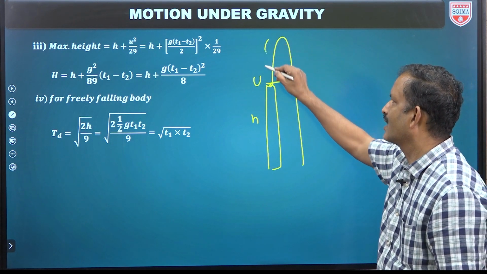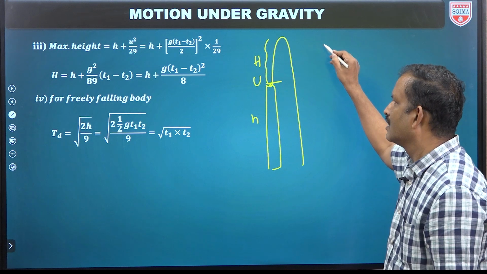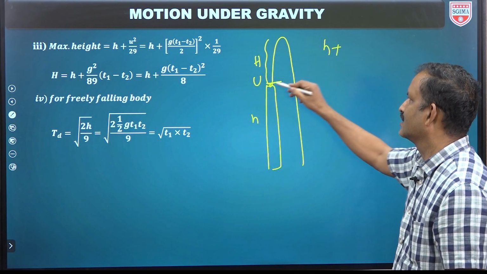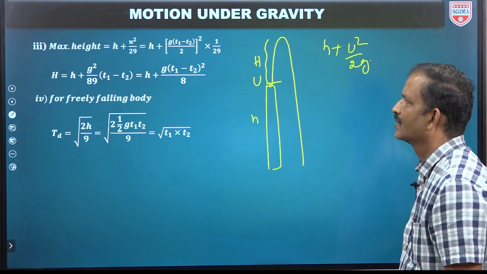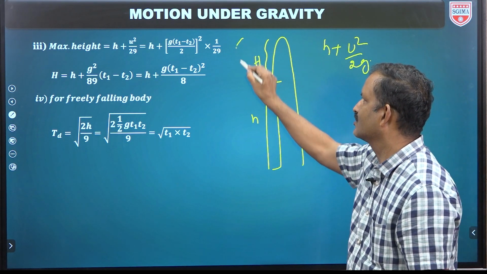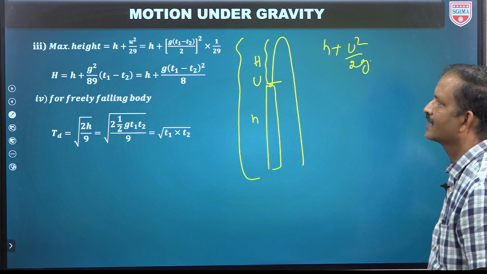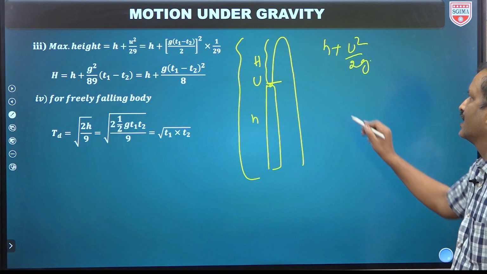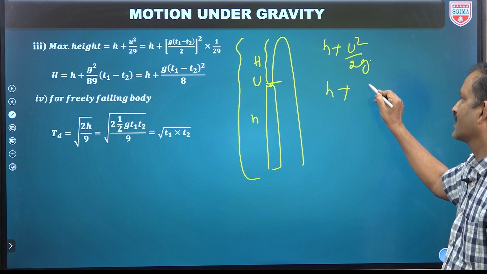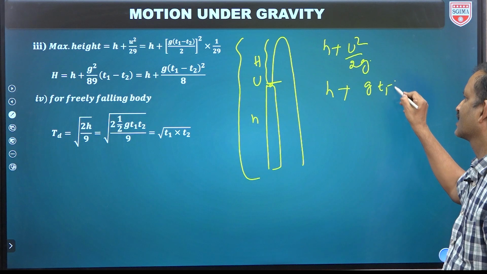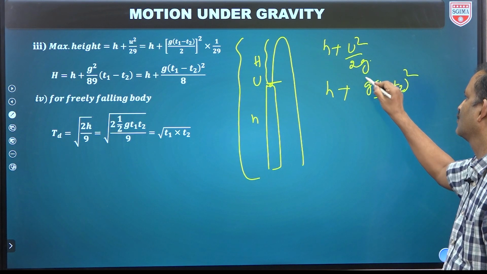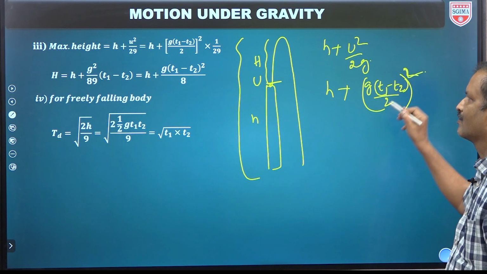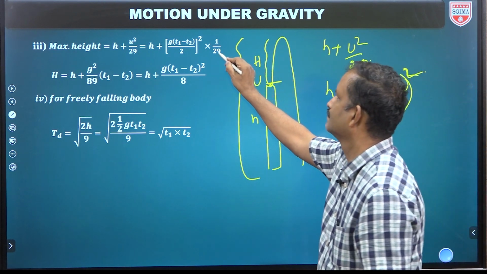This maximum height is H plus u square by 2g. This is the maximum height from the ground you will get. H plus u square, already calculated, g (t1 minus t2) by 2, whole square, by 2g.